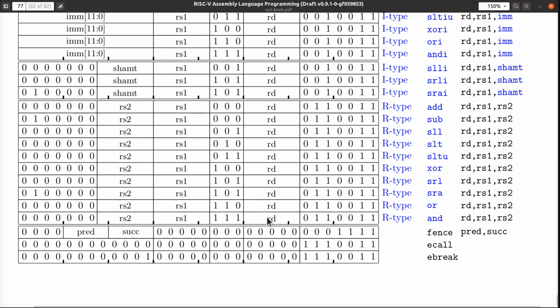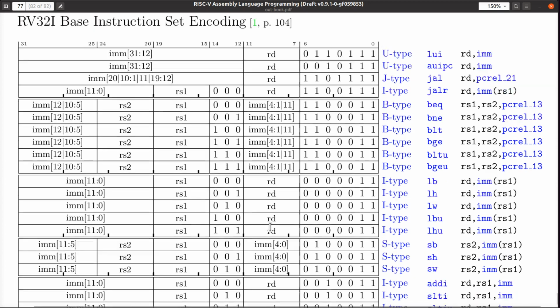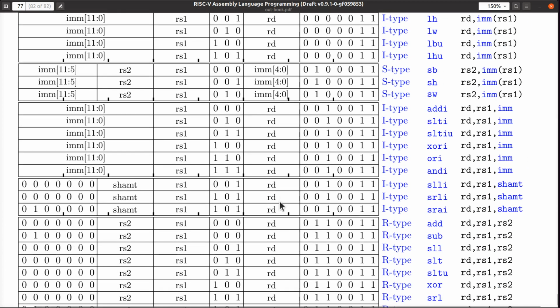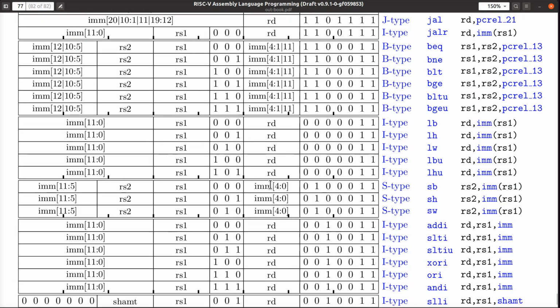In this case, RD is that value. These 5 bits are what would drive the demultiplexer that routes to the right bits in the register file to say, I want to store something in this register versus another one. No matter what instruction it is, if it stores a result in a register, that RD value will be in these bits. There's nowhere else for it to come from.